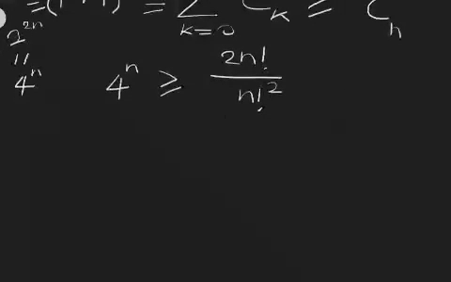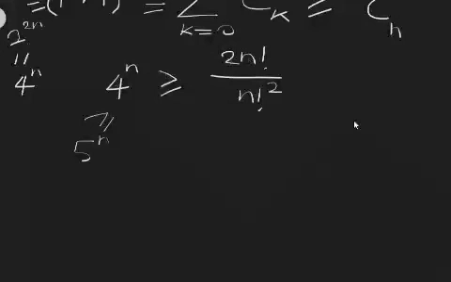Alright. And clearly we know that 5 to the n is greater than or equal to 4 to the n, which is greater than or equal to this thing.